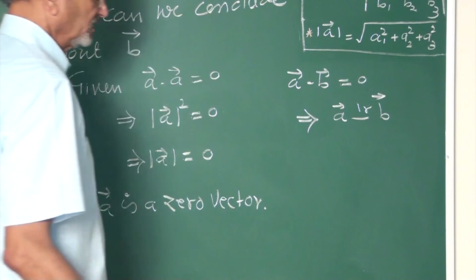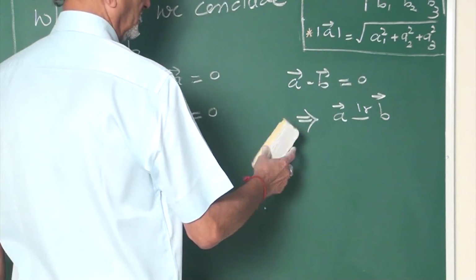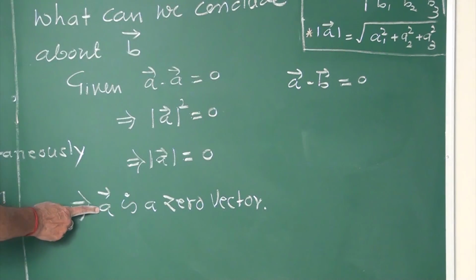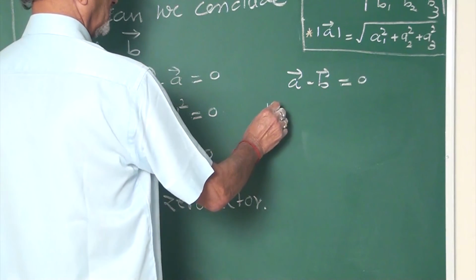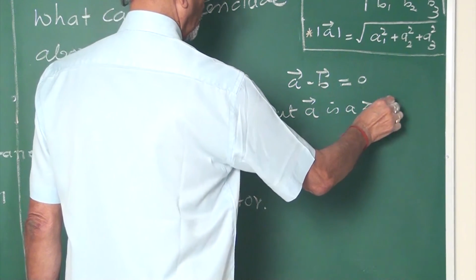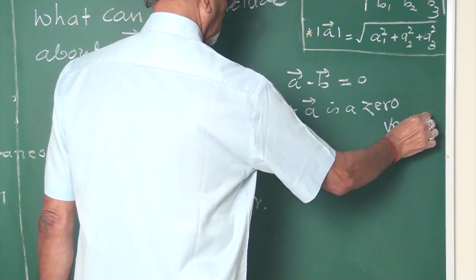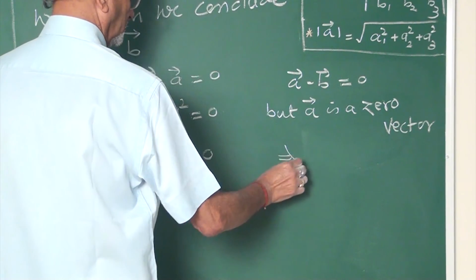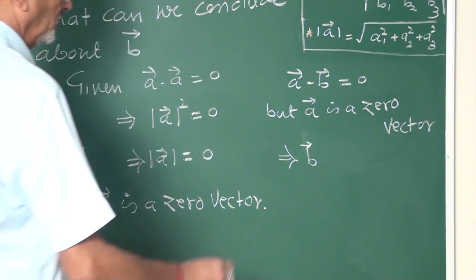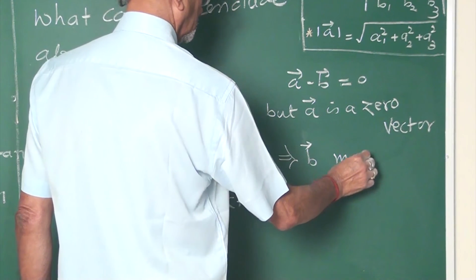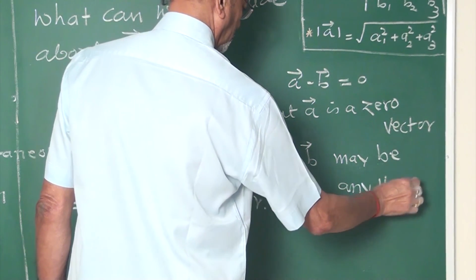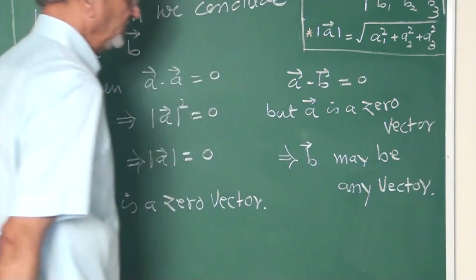Otherwise, you can write this. Another second condition is what? A dot B is 0. But what about A? But vector A is a 0 vector. This implies vector B may be any vector.